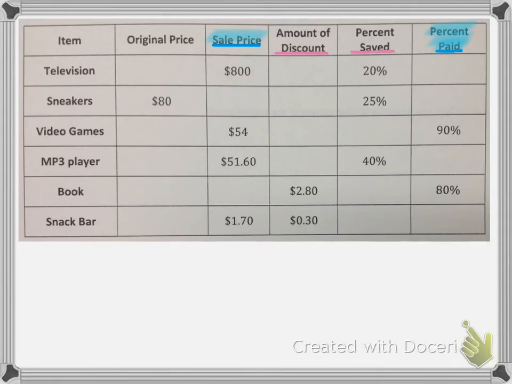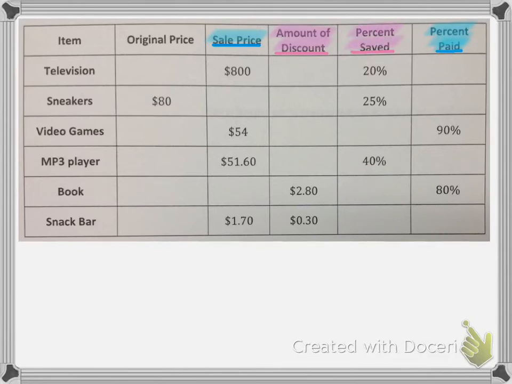So percent that I save, percent of discount, same thing, and those two are related. Let me get a nice shade of pink here. And here it is, the amount of discount and the percent saved.